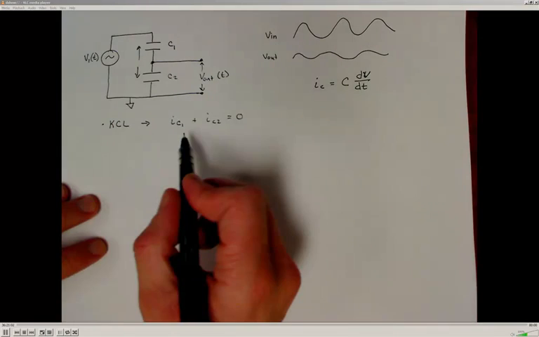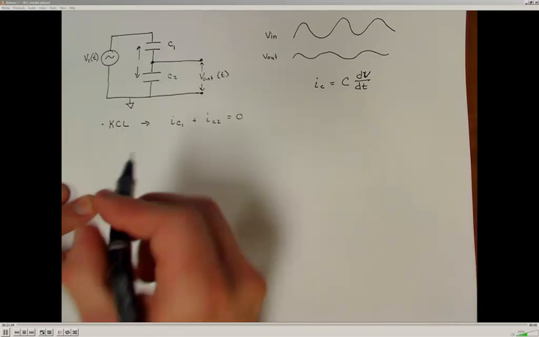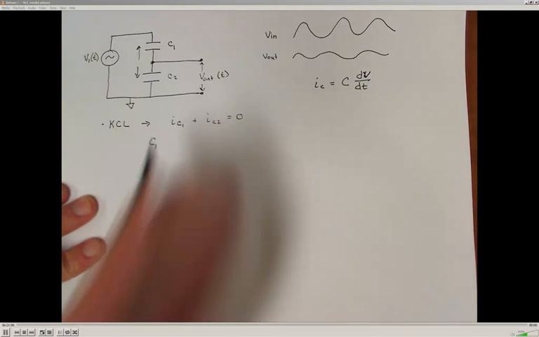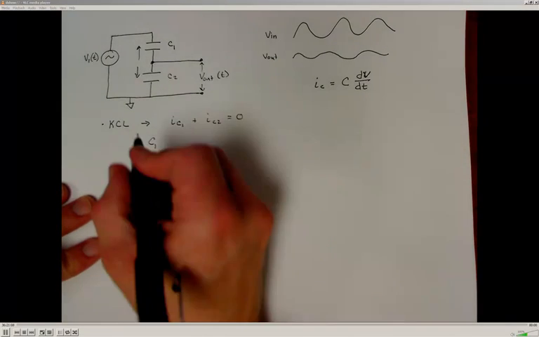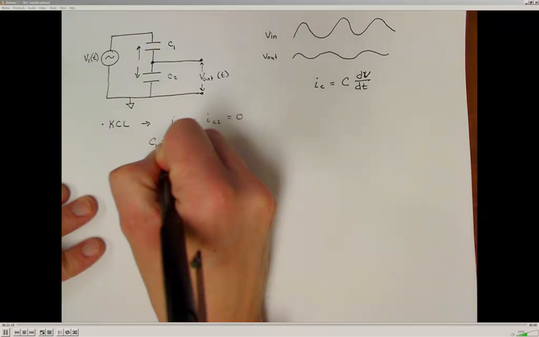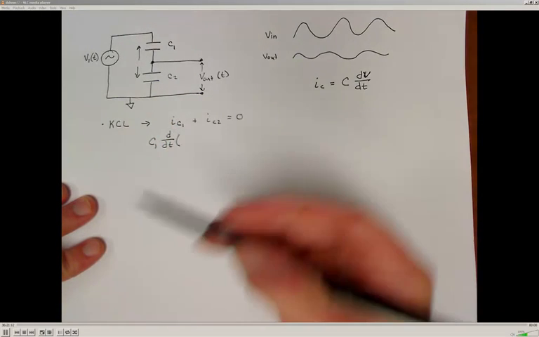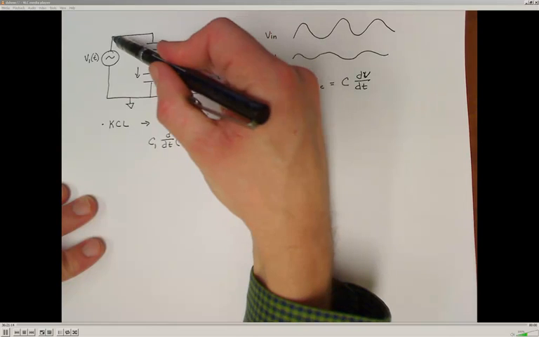All right, so for capacitor 1, it's going to be the capacitance of capacitor 1 multiplied by the time derivative of the potential across capacitor 1.